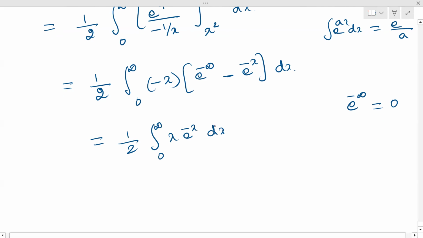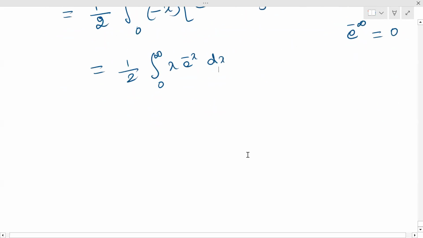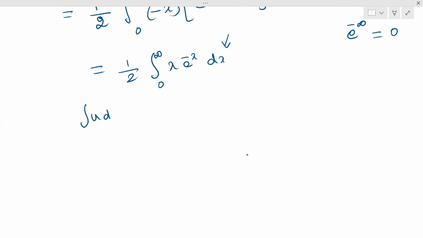So, we finished the inner integration and also applied the limit. Now, we have to integrate with respect to the variable x, using integration by parts. Integral u dv equals uv minus integral v du. Here u is x and dv is e power minus x dx.